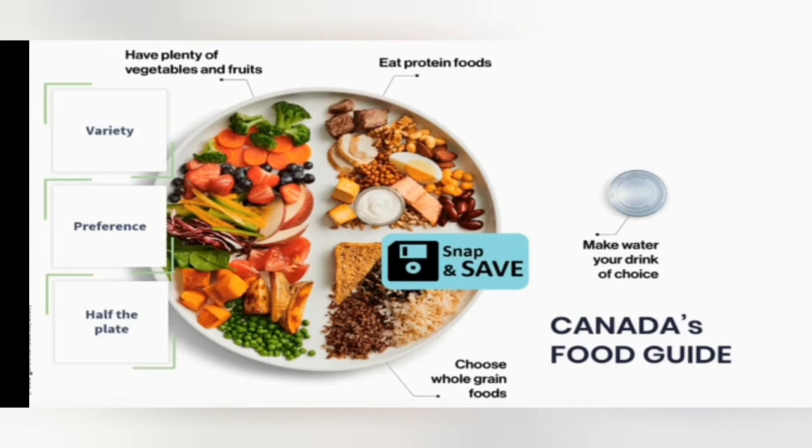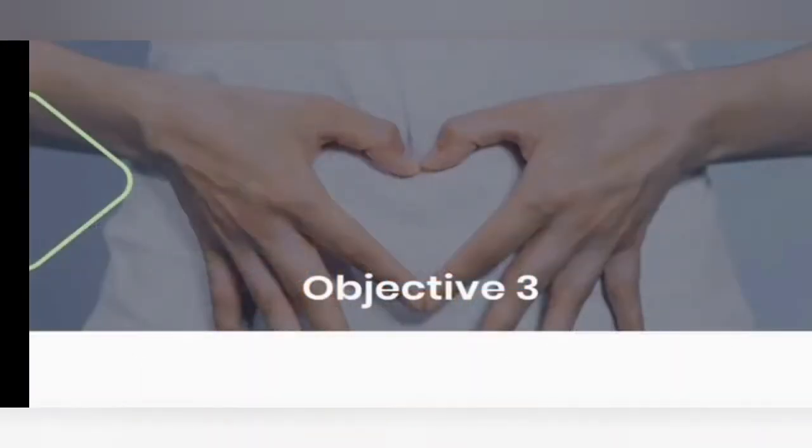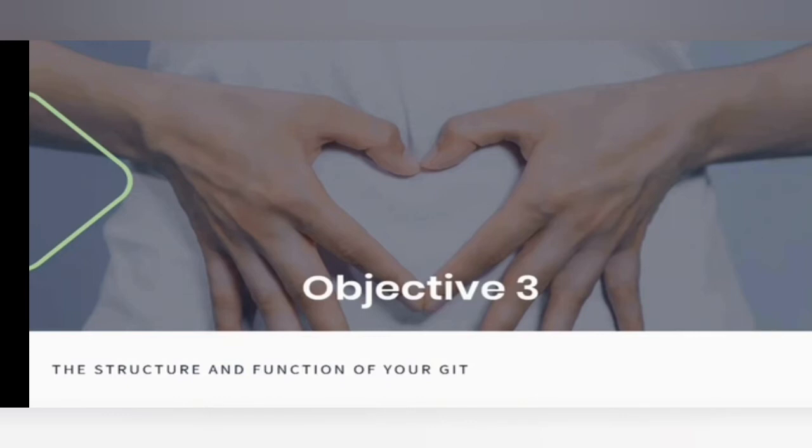So follow this Canada Food Guide plate model, and definitely you will feel better in your health. Our third objective is the structure and function of your GIT, the gastrointestinal tract. So let's discuss the structure and function of GIT.